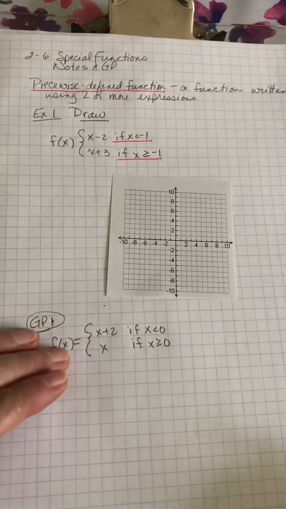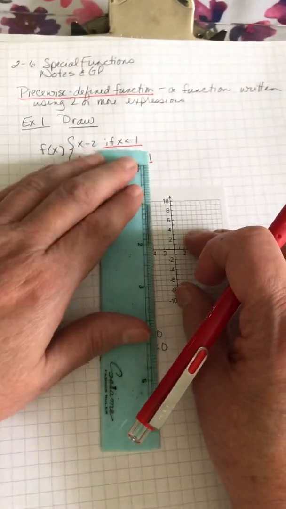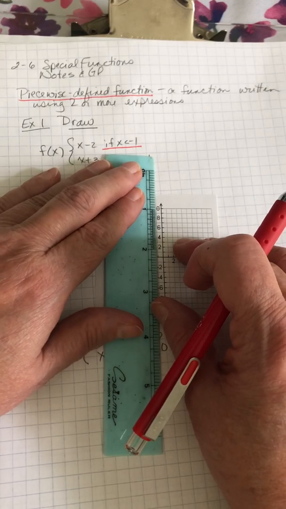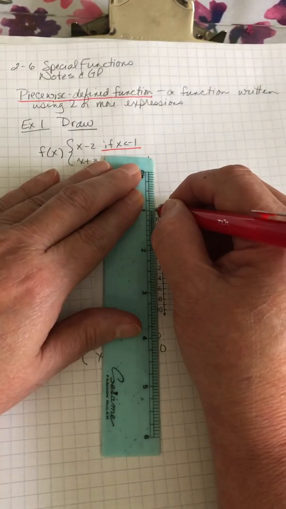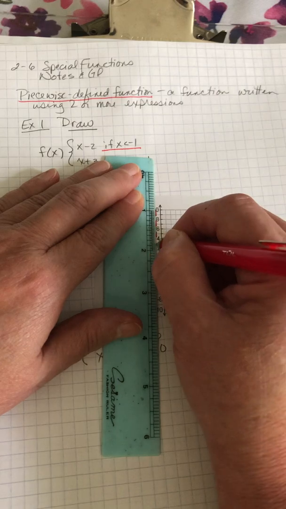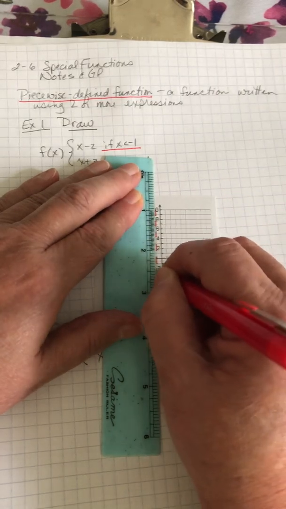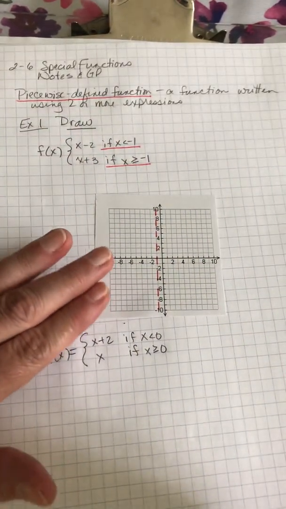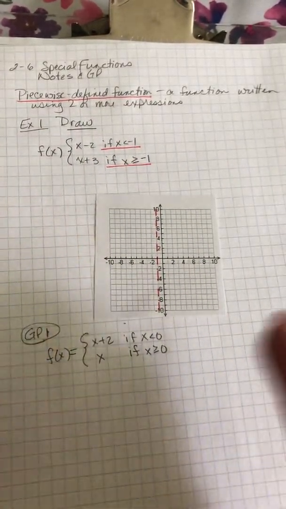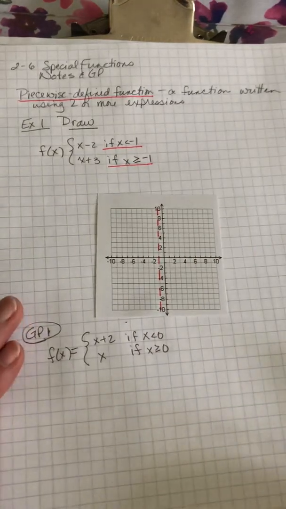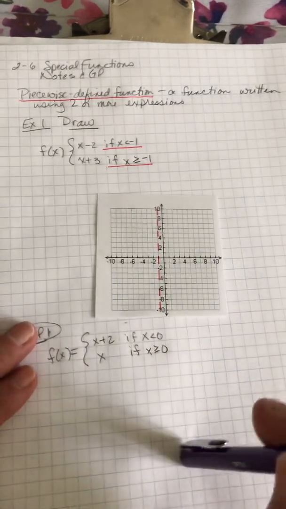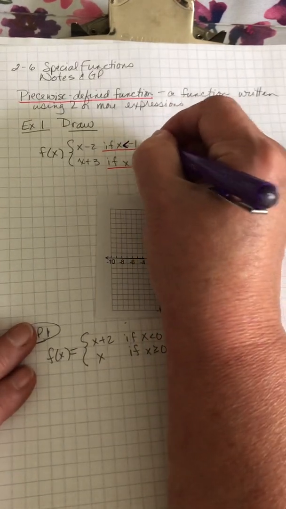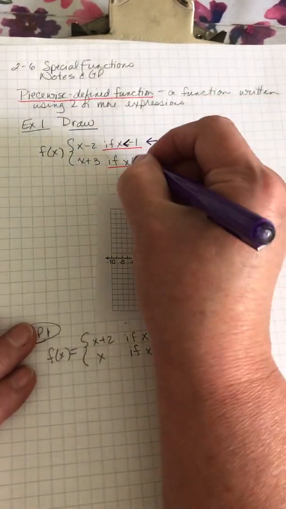The significance of that is, remember, x equals -1 is a vertical line. I'm going to draw that in just to show you the significance as I'm drawing this. This inequality, less than, says this line is going to go to the left.